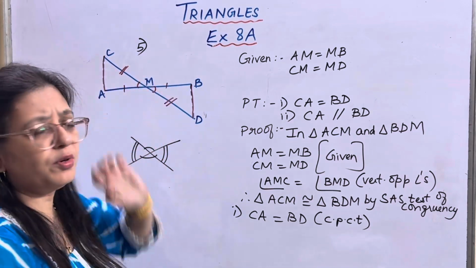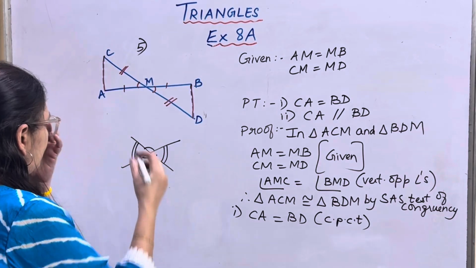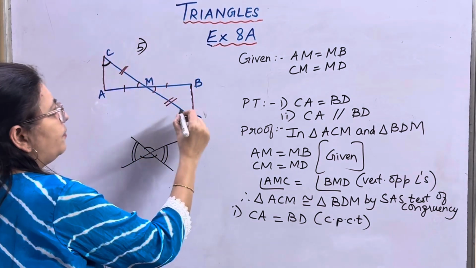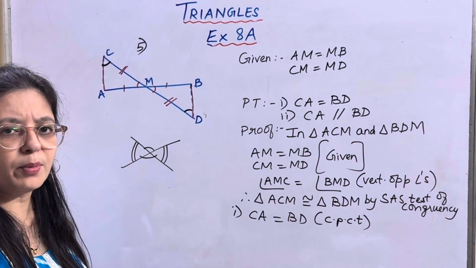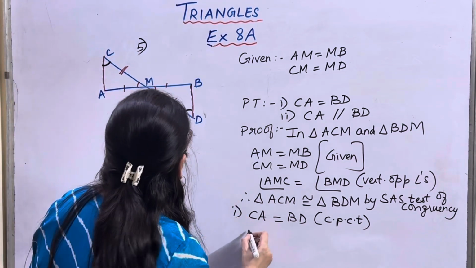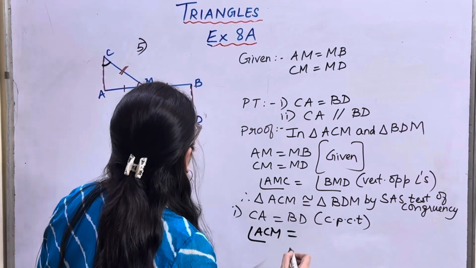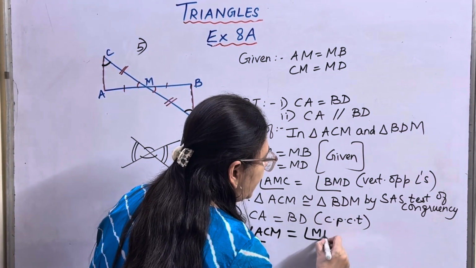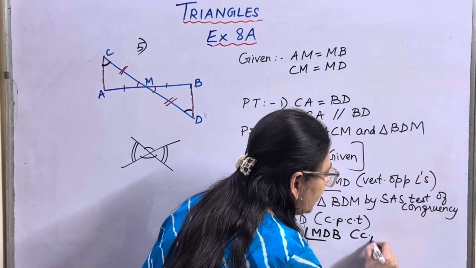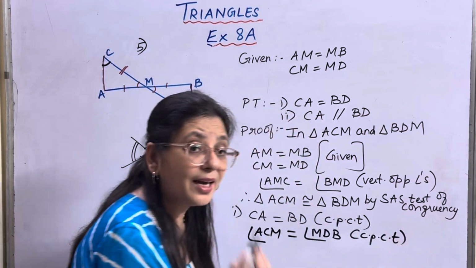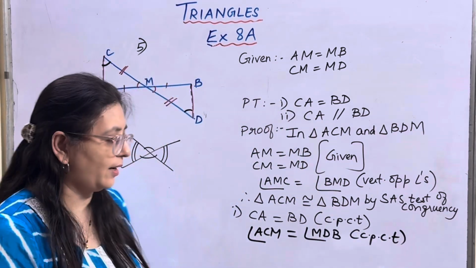Since both the triangles are congruent, angle ACM is equal to angle MDB. Why? Again CPCT, because corresponding angles are all equal in congruent triangles.